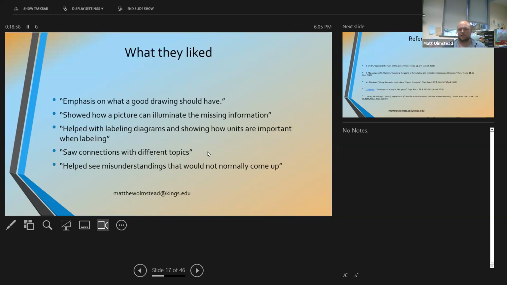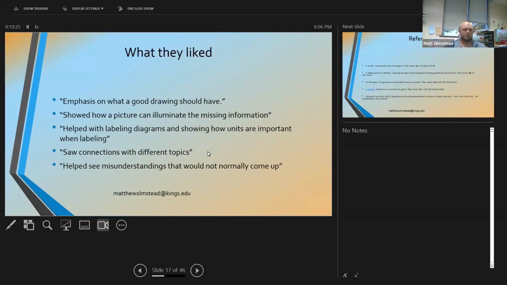They saw these different connections. They saw all these different things, right? And again, the first ones I was showing the importance of diagrams and how to actually get stuff out of that. And I found that it does help them a little bit, right? Like, do I have data on whether these activities help them learn physics better or draw better pictures? Well, I've looked at old exams before and after, and they are drawing better pictures.